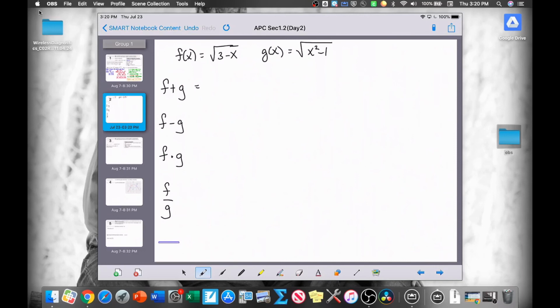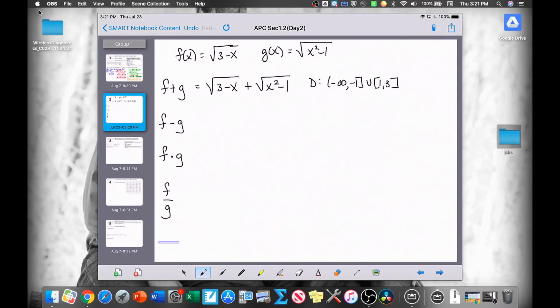F plus g is just going to be the square root of 3 minus x plus the square root of x squared minus 1. And we can't do anything to combine those. Okay, so this is going to be our answer. And the domain here is just going to be what we found, which is negative infinity to negative 1, square bracket, union 1 to 3. Okay, so this is f plus g and its domain.